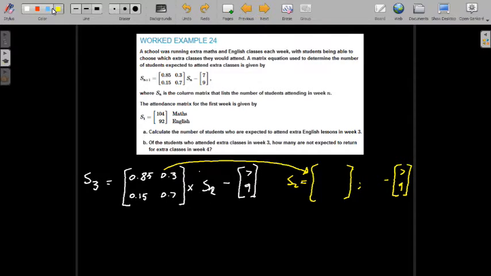So if I rub that out, put that in, I can work out what S2 is just by using CAS.